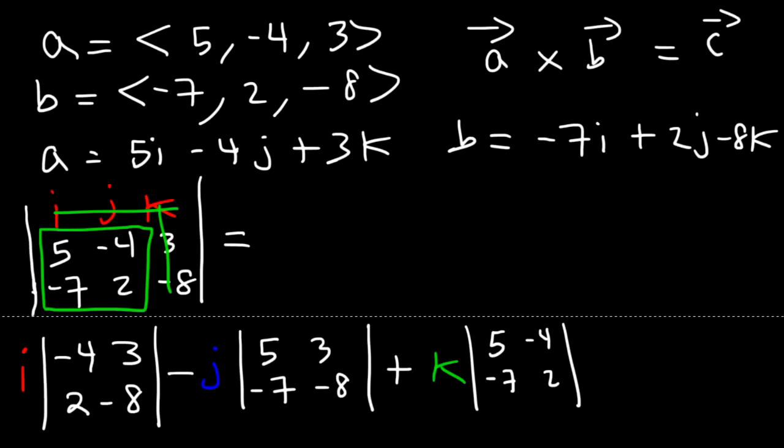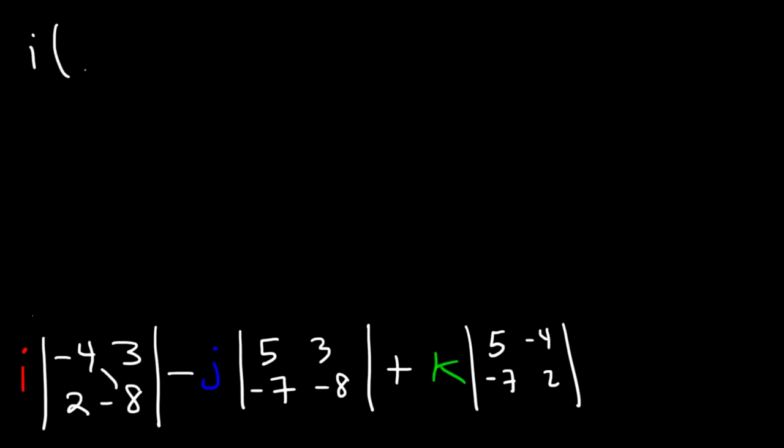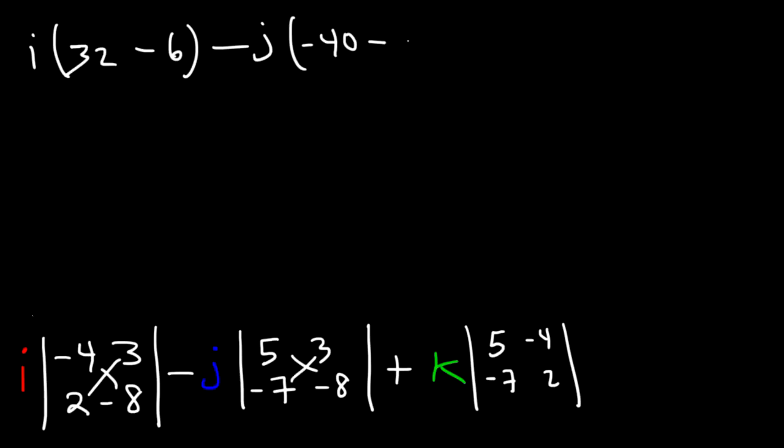So now let's go ahead and evaluate the 2 by 2 determinants. So it's i, and then it's negative 4 times negative 8, that's 32, minus 2 times 3, which is 6. And then minus j, 5 times negative 8, that's negative 40, minus negative 7 times 3, which is negative 21, plus k, and then 5 times 2 is 10, minus negative 7 times negative 4, which is 28.